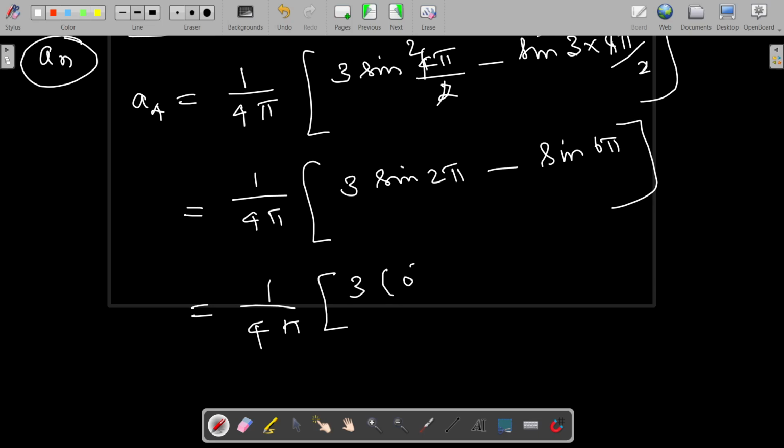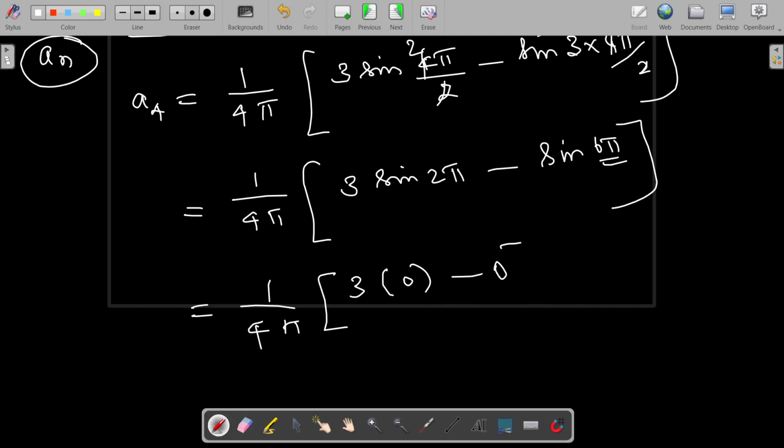Sine 0 is 0, minus sine 6 pi, which is 3 times the 360 value, 3 times this 2 pi value. So we get 3 revolutions, and it is nothing but sine 2 pi again. The sine 2 pi value is equal to 0.